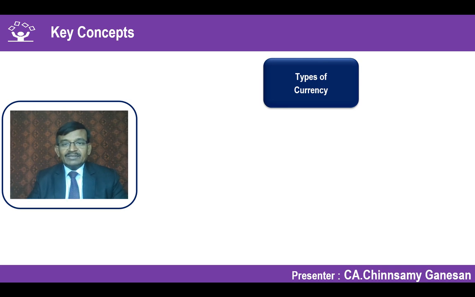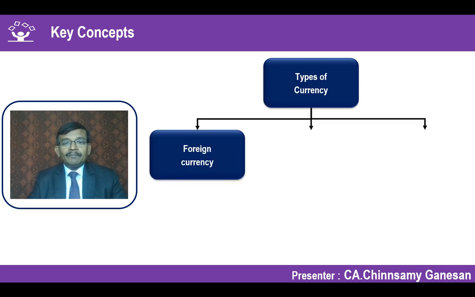Similarly, for example, if the transaction has been entered into in a foreign currency, but my accounting or reporting currency or presentation currency is a different currency, then how the foreign currency transactions will be converted or translated or remeasured as per the presentation currency is what we will see.